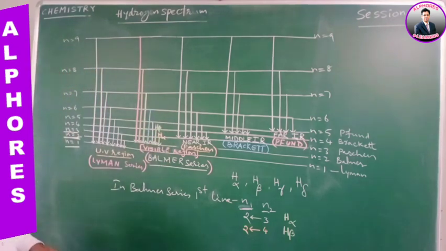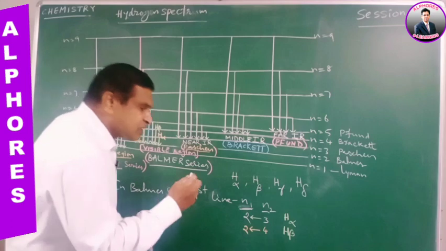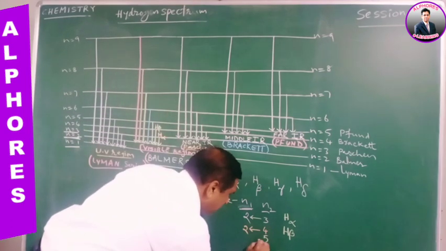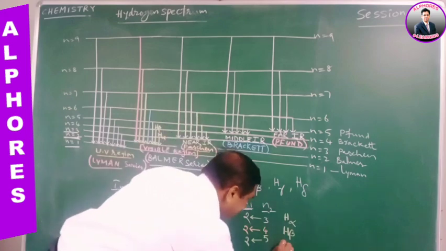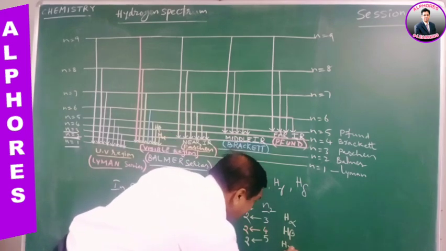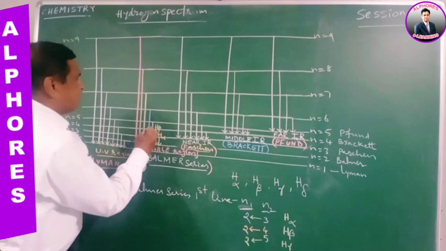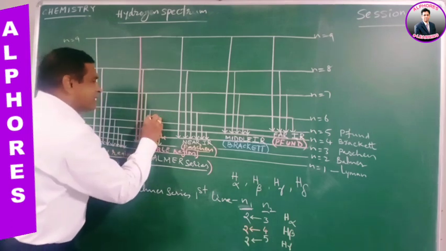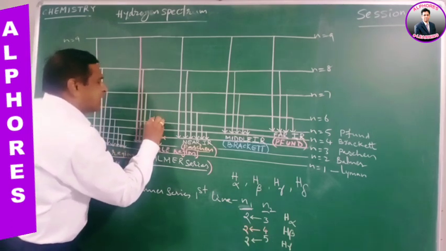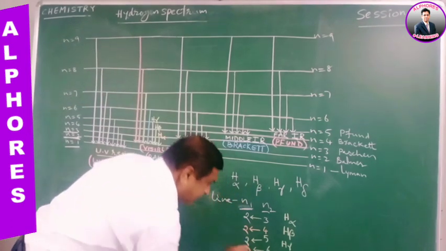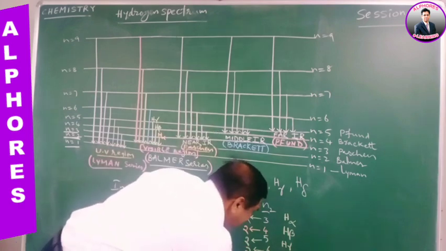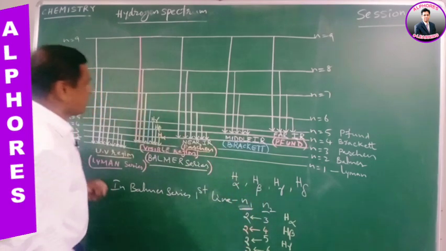Fourth orbit to second orbit is the H beta spectral line. Similarly, fifth orbit to second orbit is the H gamma spectral line. And the electron coming from sixth orbit to second orbit is the H delta spectral line.